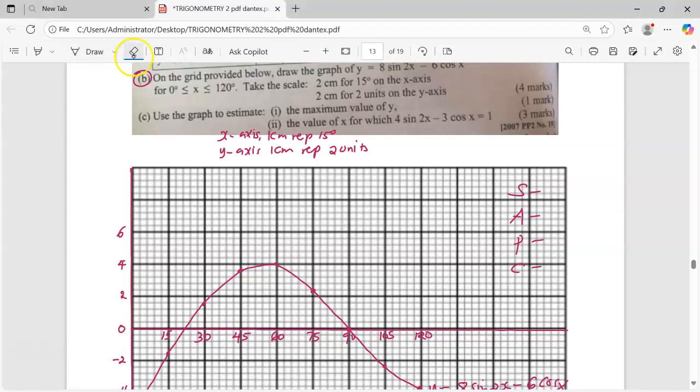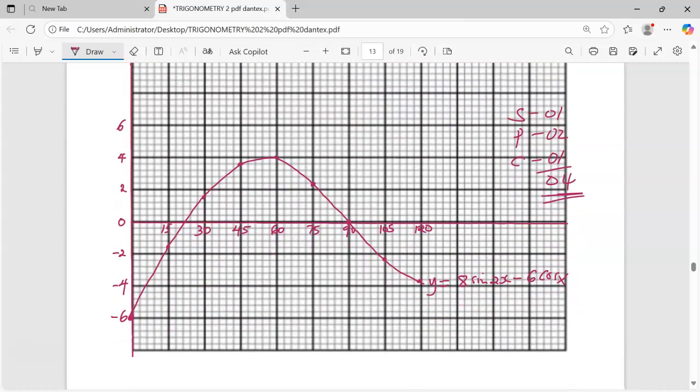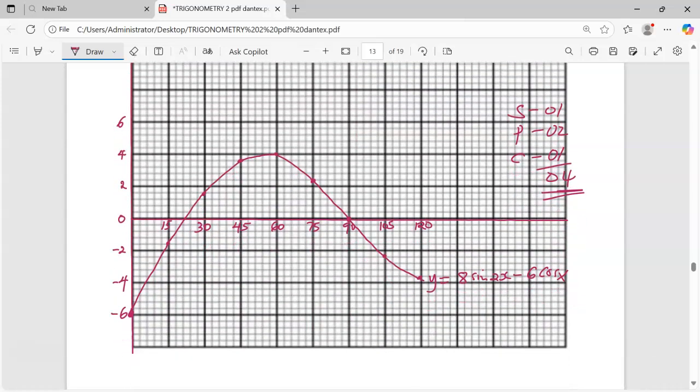Since we do not have the axis to label, the marks are spread with the scale getting 1 mark, the plotting given like 2 marks, and of course the curve given 1 mark to make it 4 total. We move to part C of the question. Using the graph, estimate the maximum value of y. That is, of course, part C.